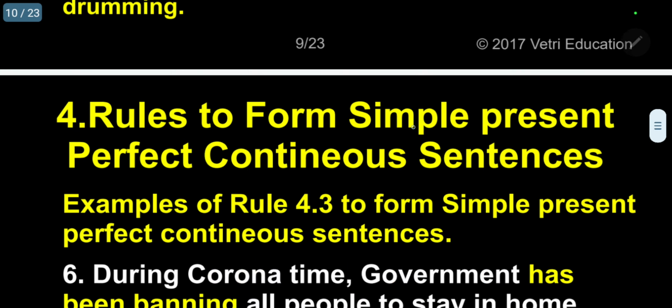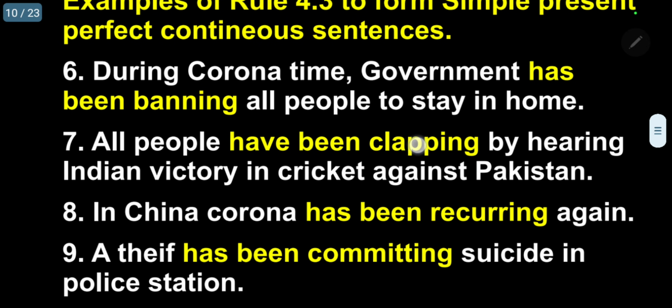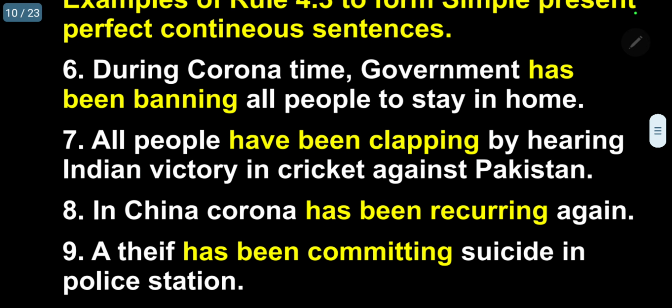Now, sentence 6 under rule 4.3. Now I am giving another sentence. During corona time, that is 2019-20, we had corona.